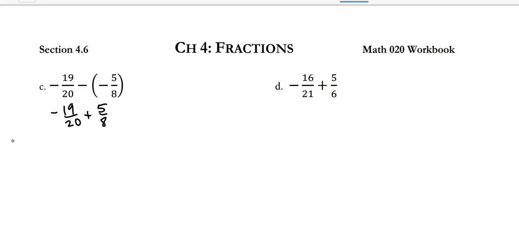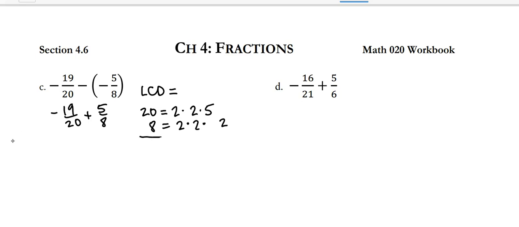So let's go ahead and find the LCD. 20 is going to be broken into 2 times 10, and 10 is 2 times 5. 8 is 2 times 4, and the 4 is 2 times 2.